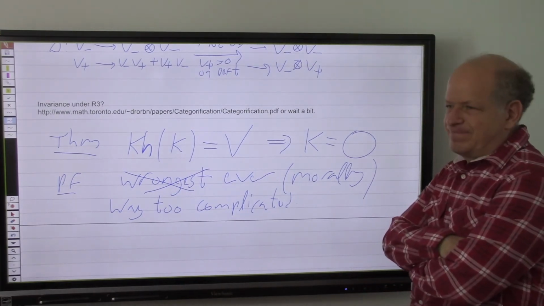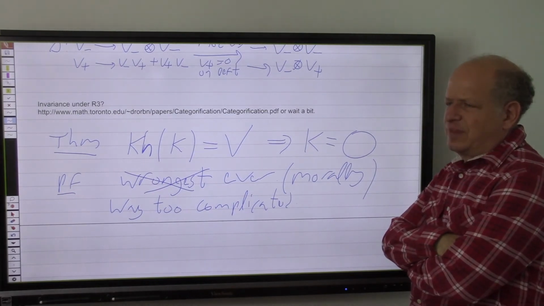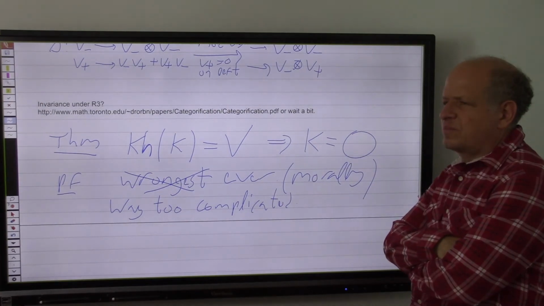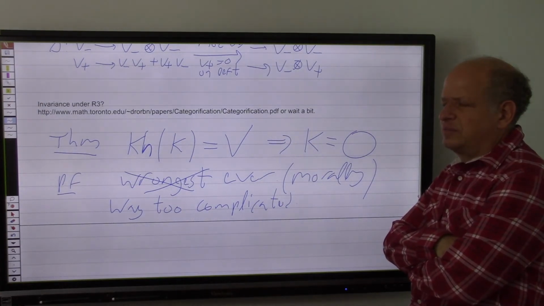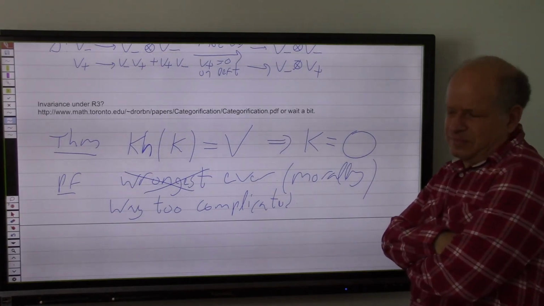So the proofs we had for the invariance under R1 and R2 didn't seem to use anything too particular about M and delta, except that restricted to V plus and V minus they give you isomorphisms independent in the right sense.